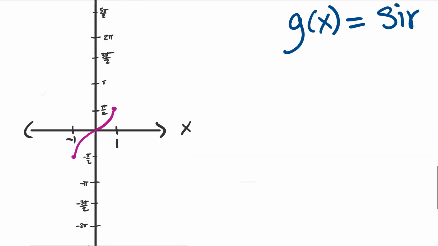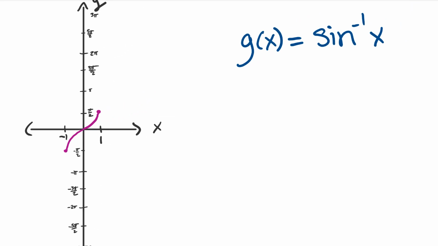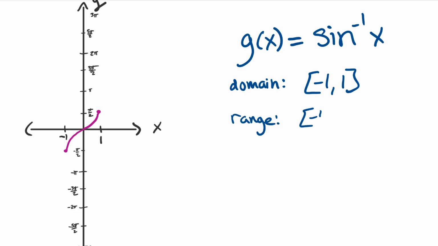Okay, so here's the big piece. We have our domain for this function. Domain has to do with x values. So the domain of sine inverse is negative 1 to 1. And its range, the y values that you can have, are going to be from negative pi over 2 to pi over 2.